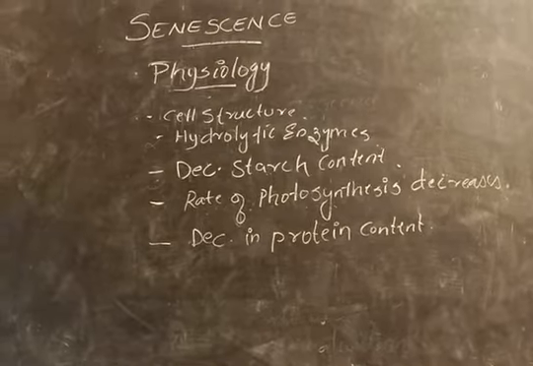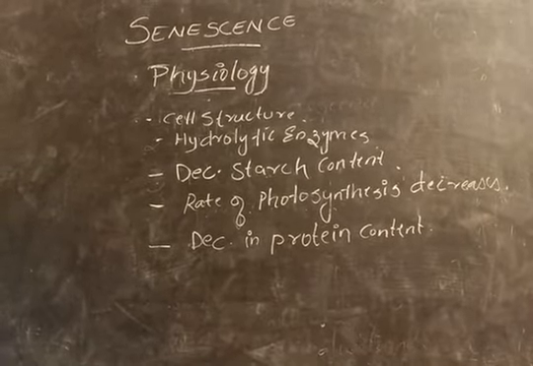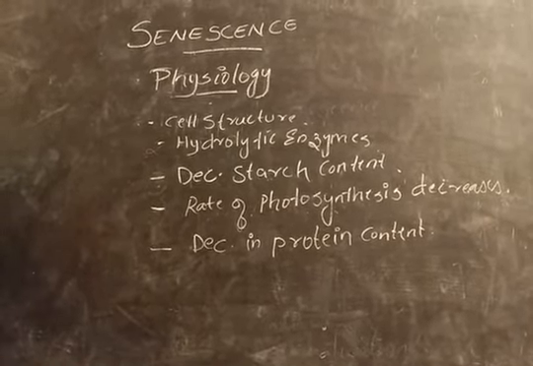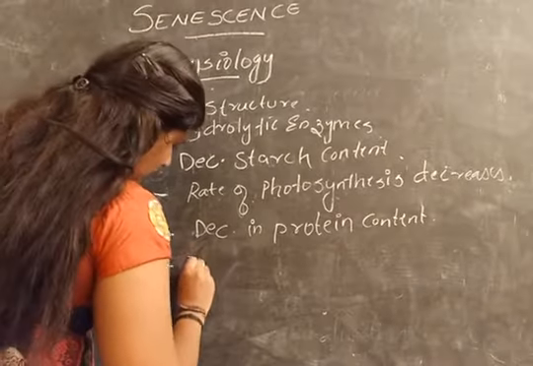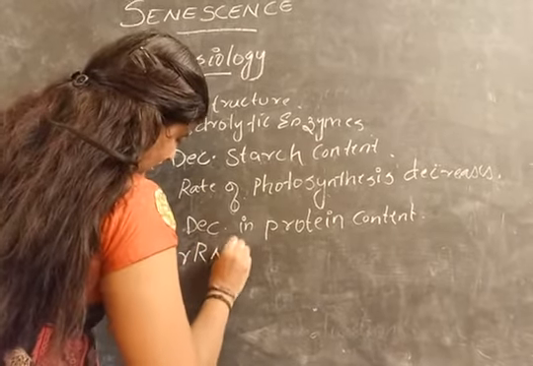And also due to the activity of RNase, the rRNA level is decreased in the cell. So due to the activity of RNase, the ribosomal RNA level decreases.